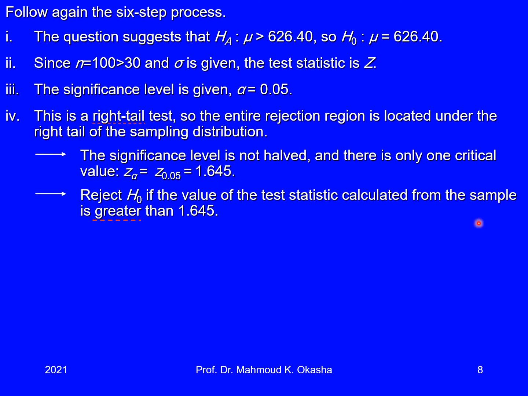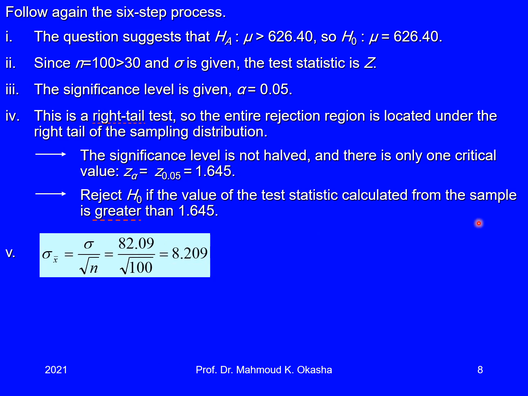What is the observed statistic then? We must calculate. Before calculating the observed statistic, we calculate the standard error of X bar, which is sigma over the square root of n, which comes to 8.209. That's the standard error of X bar.